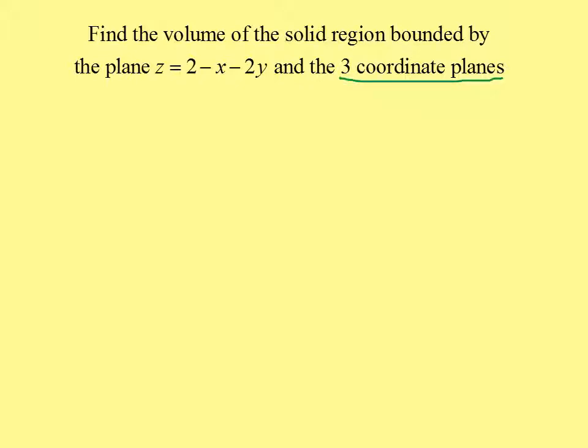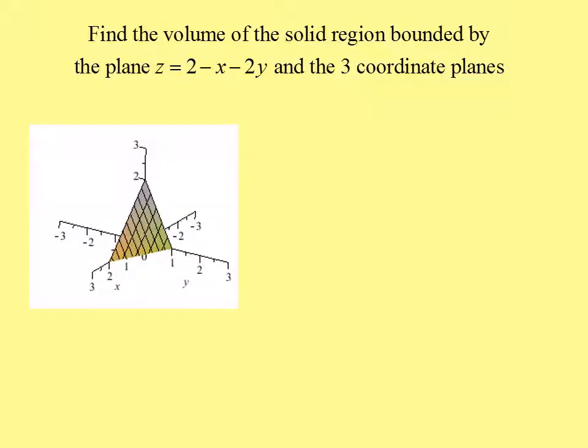That means the xy plane, the xz plane, and the yz plane. So here is the graph of that region from Maple. And so I can see that I have a plane.